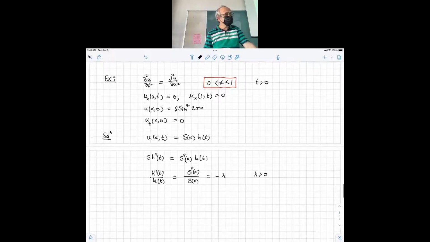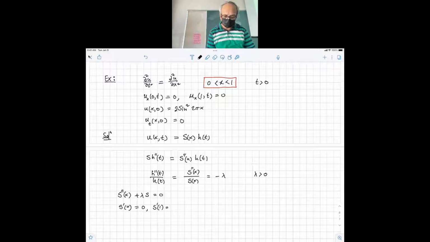Okay, so then we have two problems. One is the boundary value problem S double prime x plus lambda S equals 0, S prime 0 equals 0, S prime 1 equals 0. So you look at those two boundary conditions. The first boundary condition is a derivative with respect to x, so that applies to S prime.